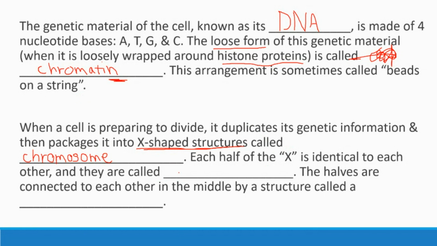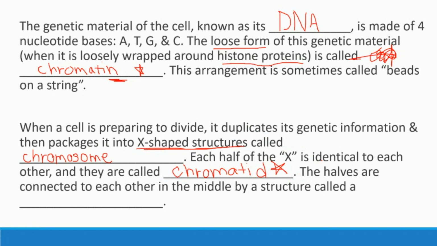Remember that each half of the chromosome is made of things that are called chromatids. So here's my wink, wink, nudge, nudge. Make sure we don't mix up a chromatid and chromatin, 2 very different things there.